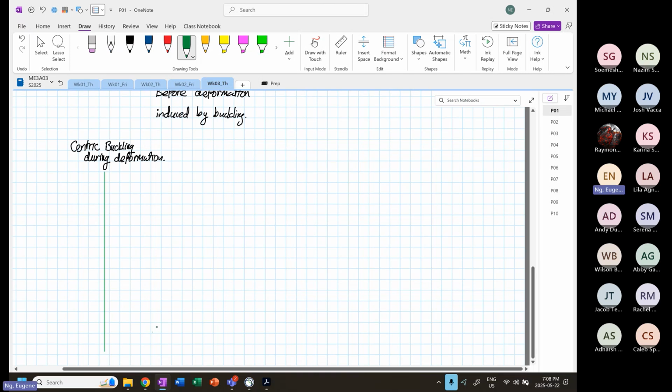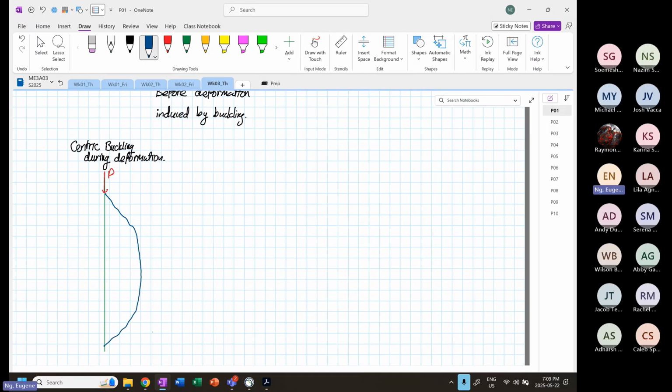Now, remember our load P is still applied vertically. However, our deformation now looks like this. If I draw the shape out here, it is exaggerated, as you can see.